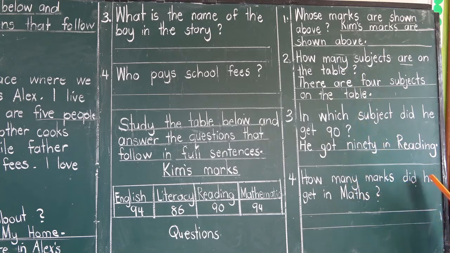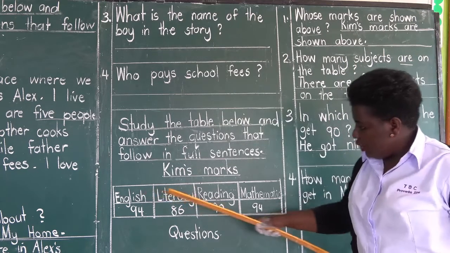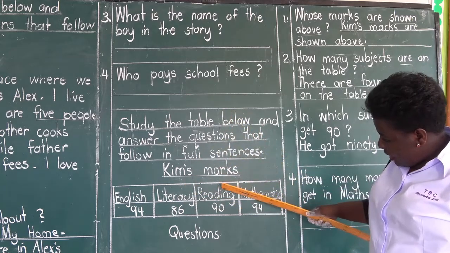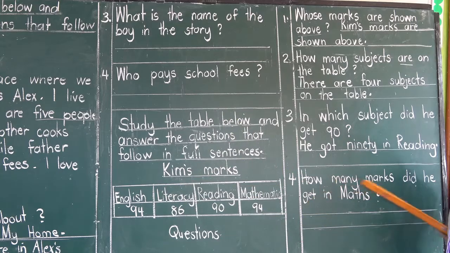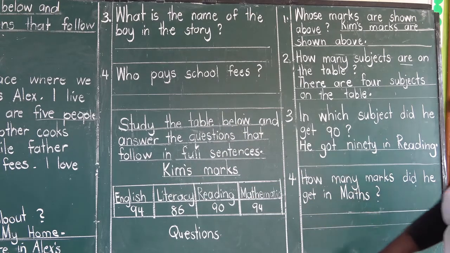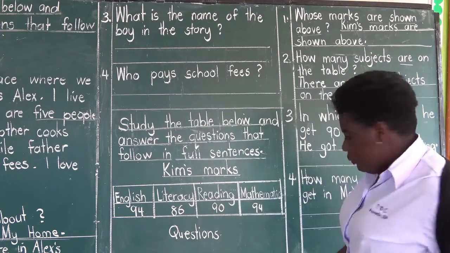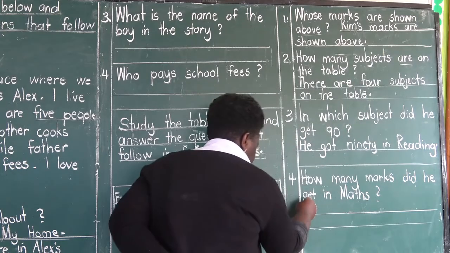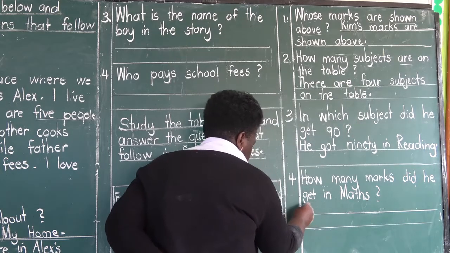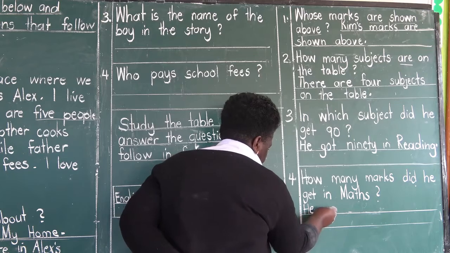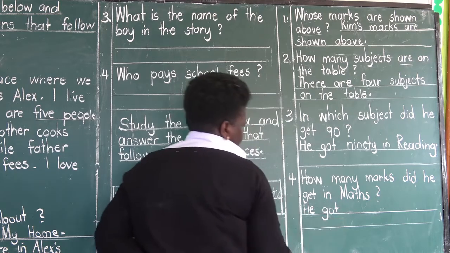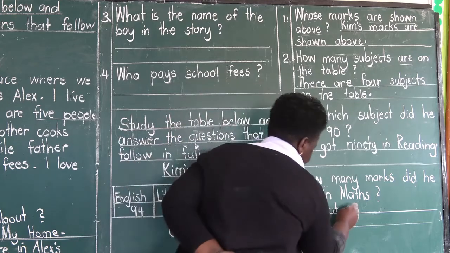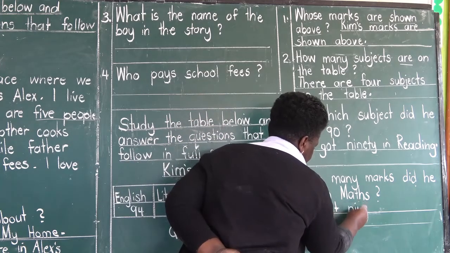We are going to say he got. Where is math? English, literacy, reading, math. Math, how many? 94. He got 94.